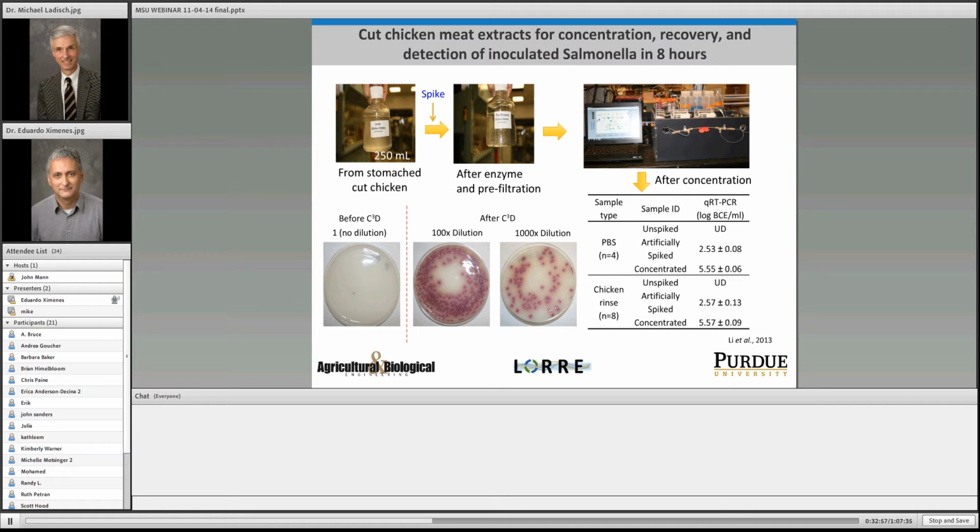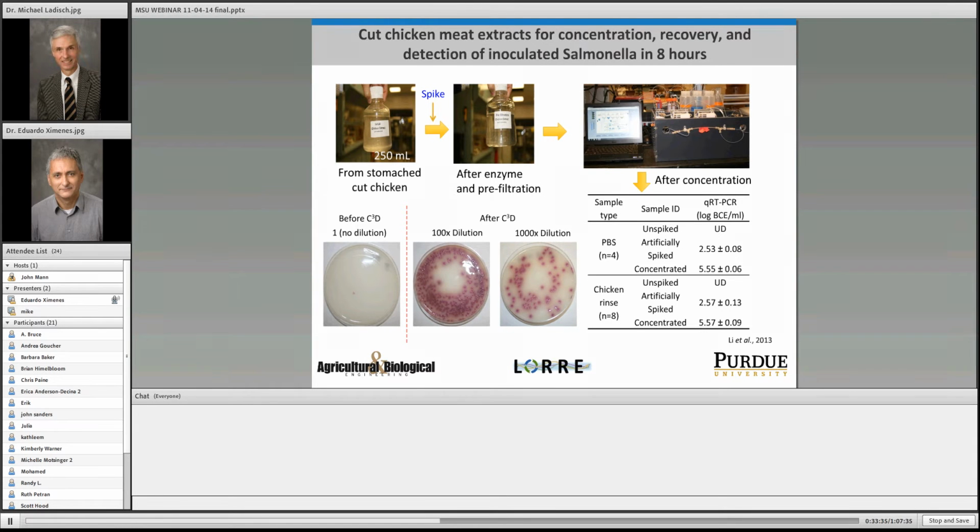And you can see that the first picture on your left is related to the original sample, so it's the sample before being microfiltered, and we plate 100 microliters of the sample with no dilution. And then in the middle, they are representative of the concentrated and recovered samples.